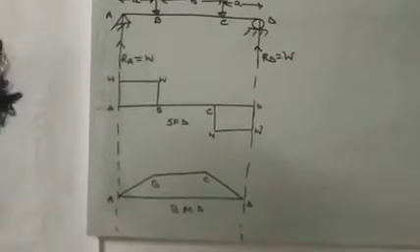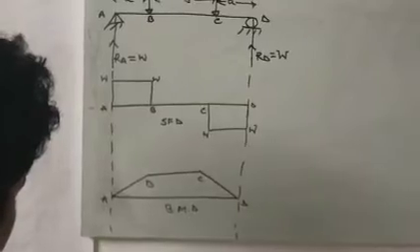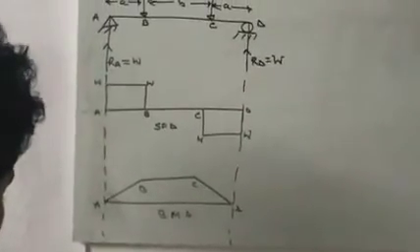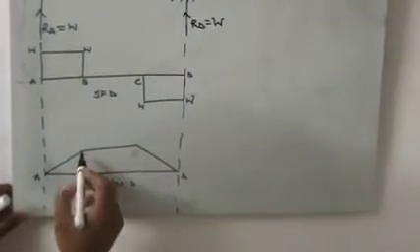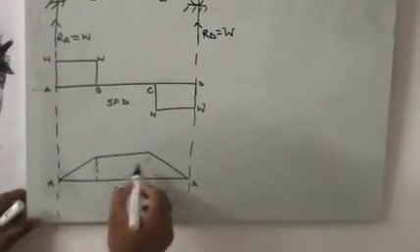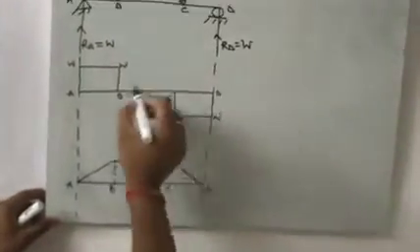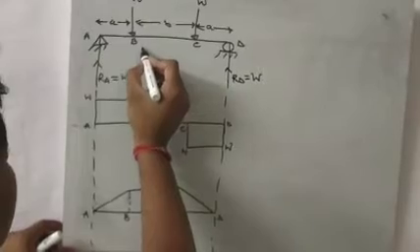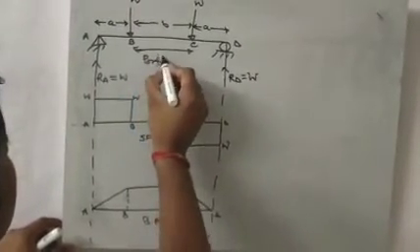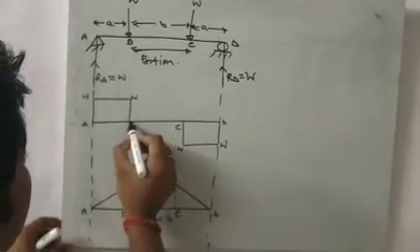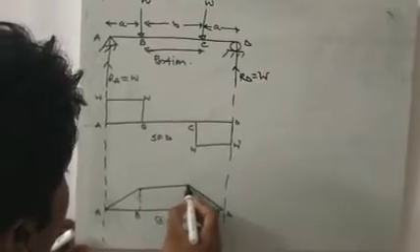What we see is that shear force is 0 for the portion BC of this beam. For this portion, the shear force value is 0 and the bending moment value is constant.